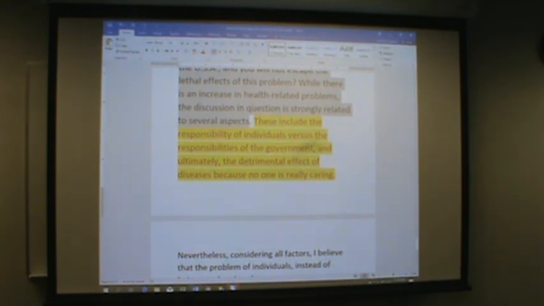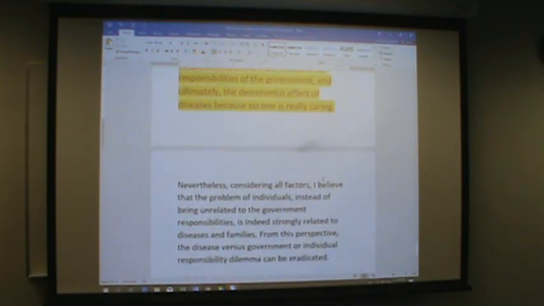Thesis statement. These include the responsibility of individuals versus the responsibility of the government, and ultimately the detrimental effect of diseases because no one is really caring. The same paragraph.